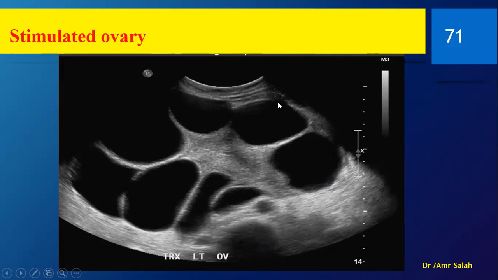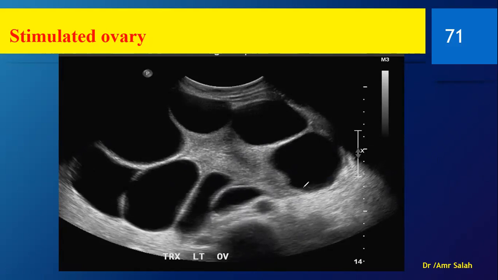That's why she goes to her doctor and he gives her induction. And induction drugs that induce ovulation produce this appearance. There are many follicles that are enlarged, and the ovary is enlarged.